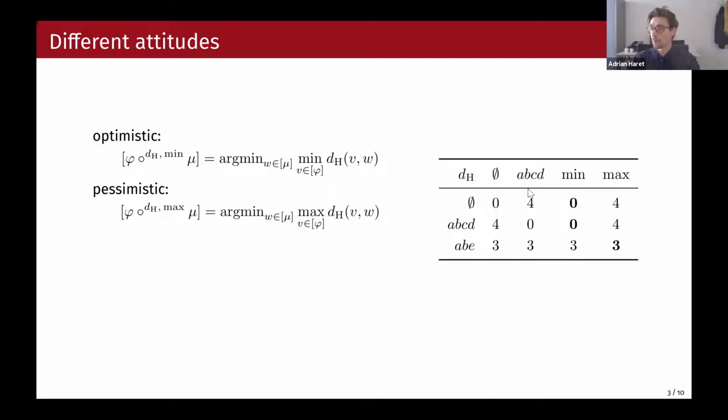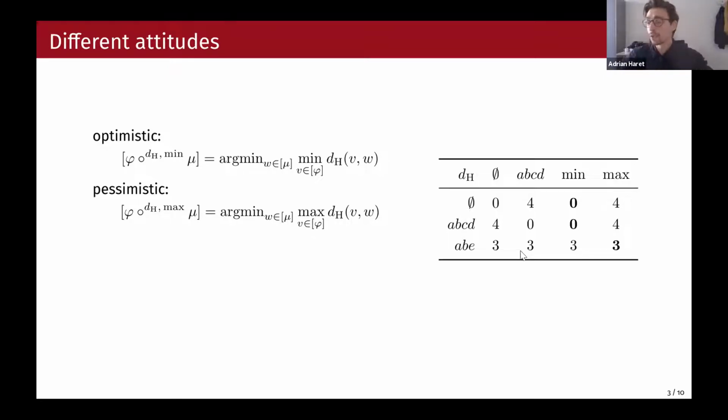And if the true state of the world is ABCD, and it turns out that it's the empty set, again, I will be super surprised. Whereas if it turns out to be this intermediate case where only 3 of them are true, then the amount of surprise is less, and it might make sense to say, well, I want to go for the safer option, where I minimize the maximum surprise that I get.